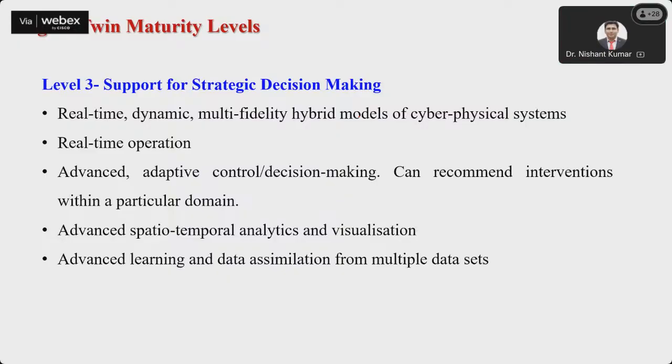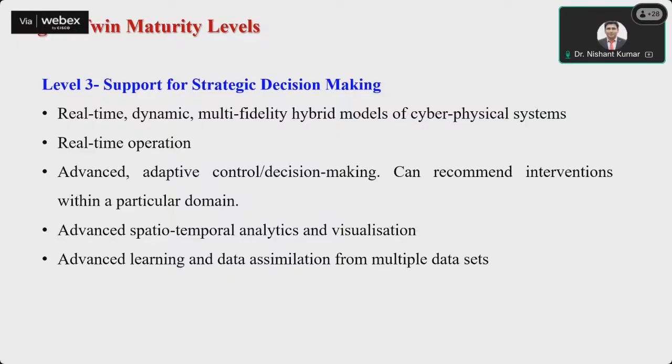Only lag is in the level 3. So level 3 is self-efficient. Level 3 is not going to care about the neighboring plant. This is the only drawback here in the level 3. Means, suppose in the nearby plant, if anything is happening and they require support from the neighboring plant, level 3 is not going to help them, because level 3 is not going to communicate with the neighboring plant.